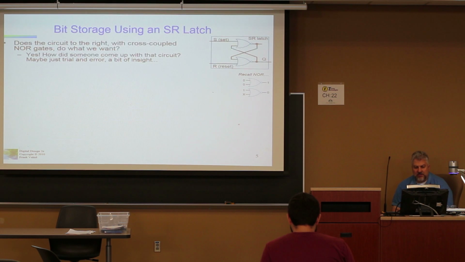So let's take a look at maybe if we put 2 together. Remember what the OR gate was, right? 0, 0 had an output of 1, and anything else had an output of 0. Does this circuit do what we want? Cross-coupled NOR gates. So let's take a look at this in a little bit more detail.